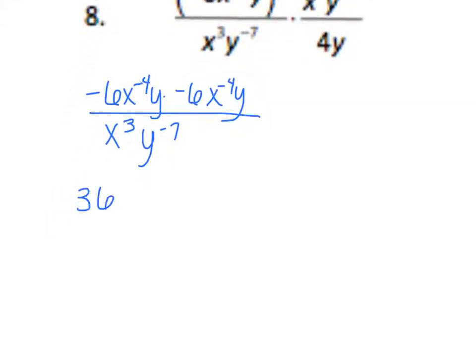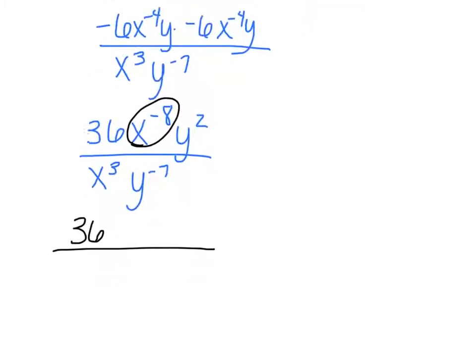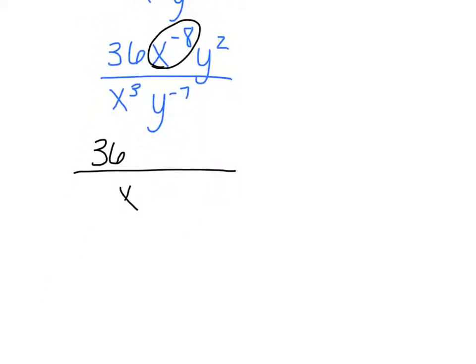So 36 x to the negative 8th y to the 2nd. And now we're going to, should I stay or should I go? So 36 is going to stay. X to the negative 8th is going to go and become positive in the bottom. Y to the 2nd is going to stay because it's positive, so it can stay where it's at.